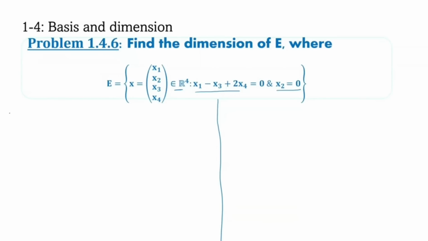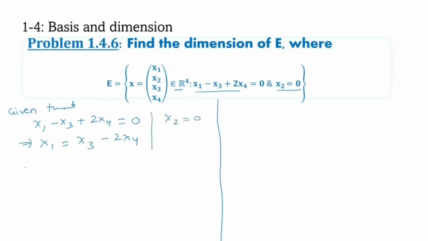Now it is given that x1 minus x3 plus 2x4 is equal to 0. Here we get x1 equals x3 minus 2x4, and it is also given that x2 is equal to 0.